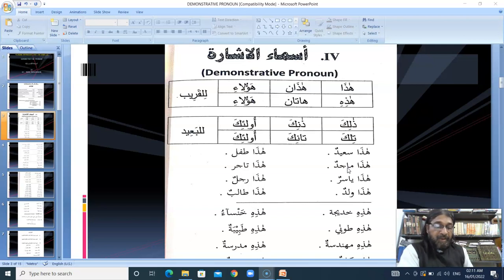So that which is demonstrated: هذا إشارة, and سعيد طفل ماجد تاجر ياسر ولد رجل طالب, all these are after هذا, are demonstrated. So that is why after إشارة, which is demonstrated, is called musharun ilayhi. What is? هذا إشارة, سعيد musharun ilayhi.